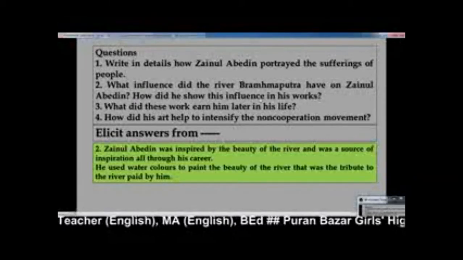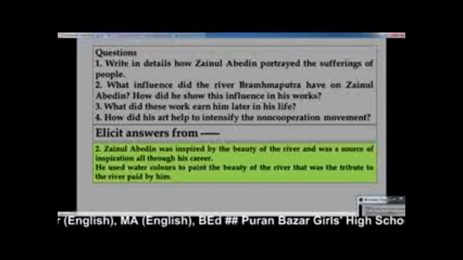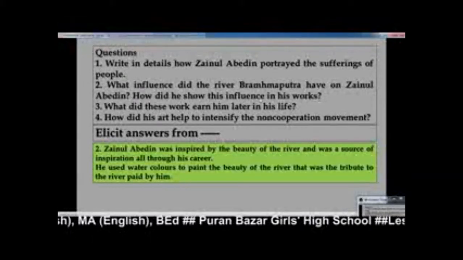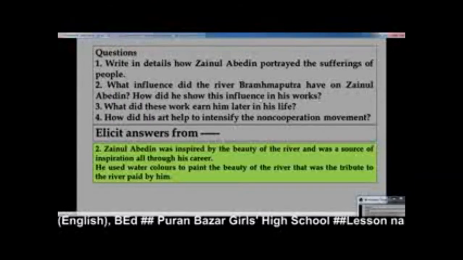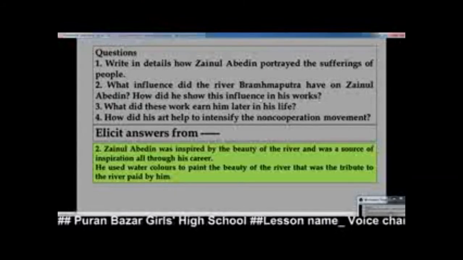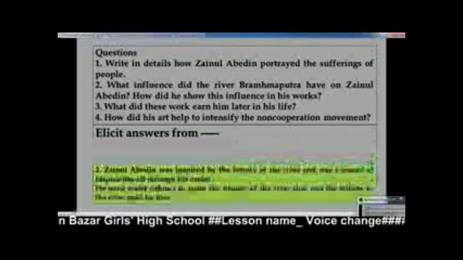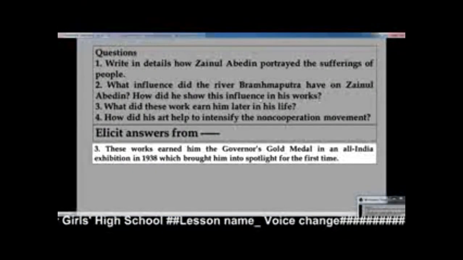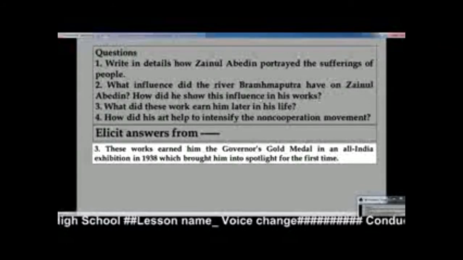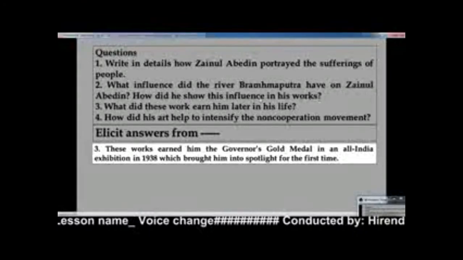That was the tribute to the river paid by him. What did this work earn him later in his life? The answer of the third question: these works earned him the governor's gold medal in an All India exhibition in 1938, which brought him into spotlight for the first time.